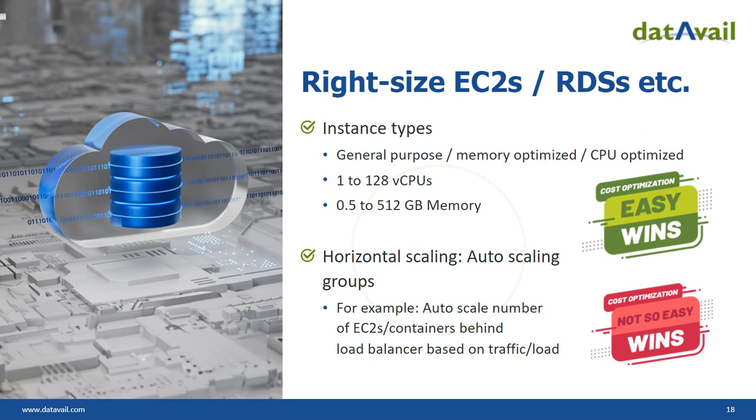So depending on workload, you might need more memory. Databases often need more memory. And if you have batch processing with a lot of compute, you might need more cores. So in picking the right instance type, there are roughly 10 different instance type categories on AWS. Picking the right category will be helpful, and right sizing will be very helpful there.